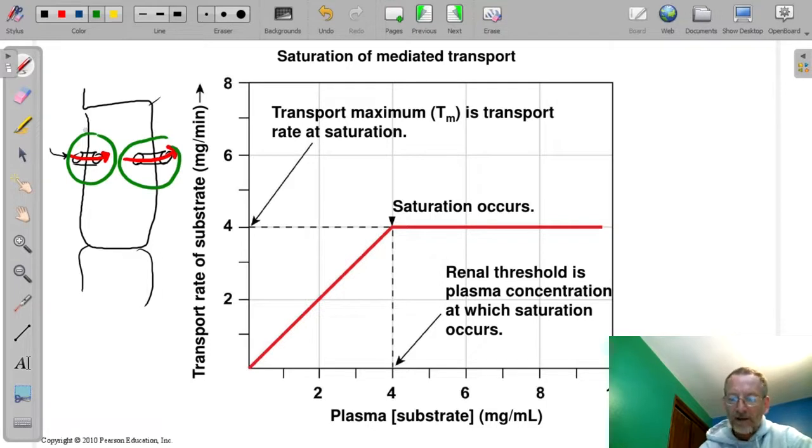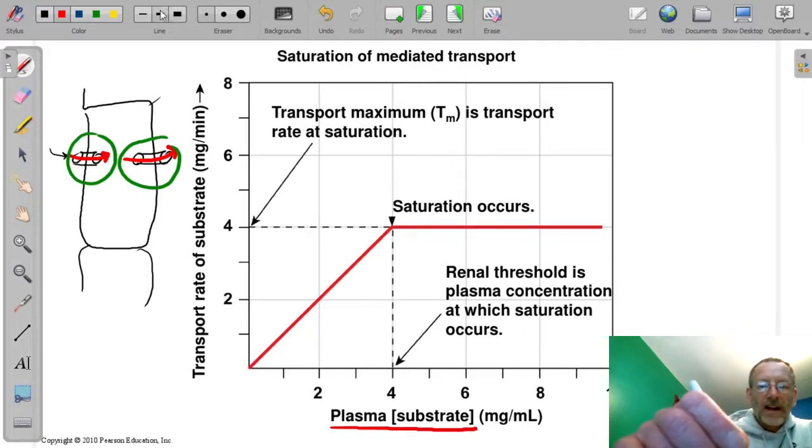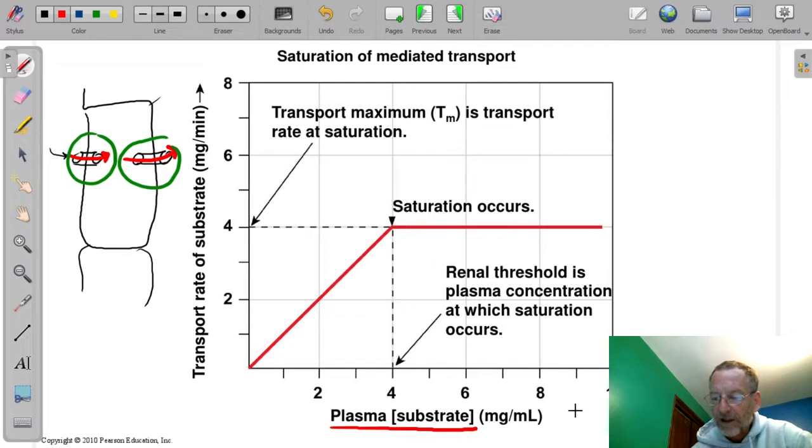So here's a graph that looks at that. The two axes shown: the first is the plasma substrate concentration. You've probably already figured this out from chemistry, but if you see anything in square brackets, it's one way of denoting concentration.